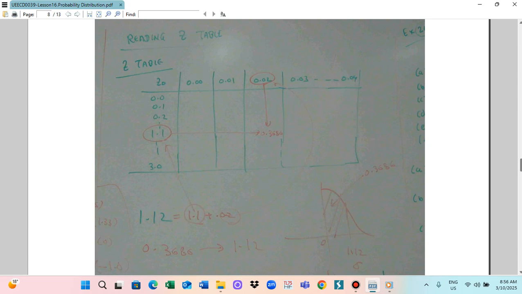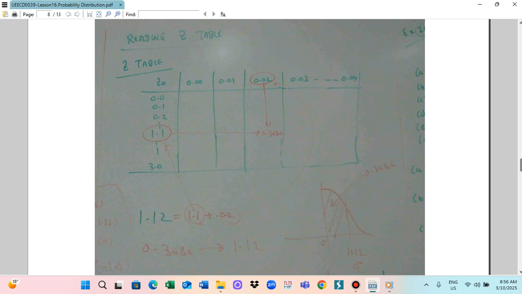Similarly, if you read 0.3686, then you can also interpret it as 1.12. Sometimes you can't read the exact data. For example, sometimes you want to read 0.3690.